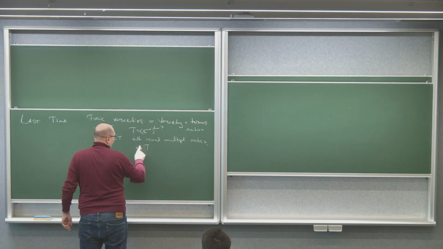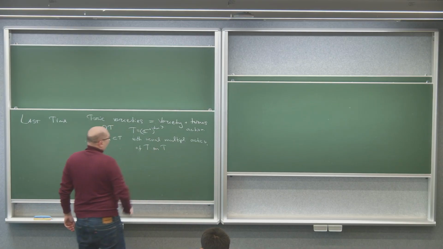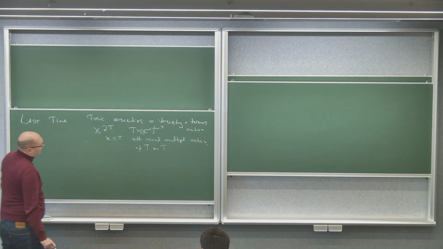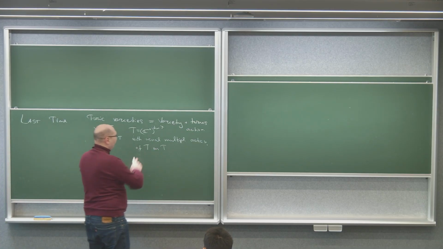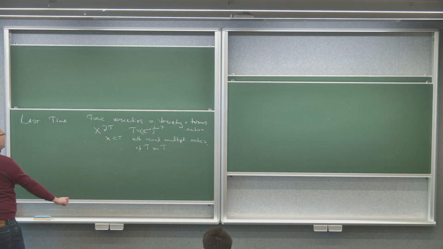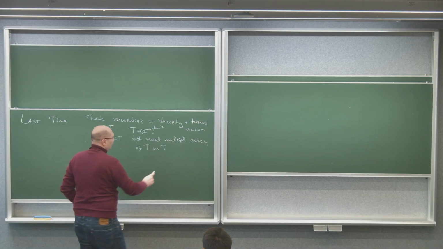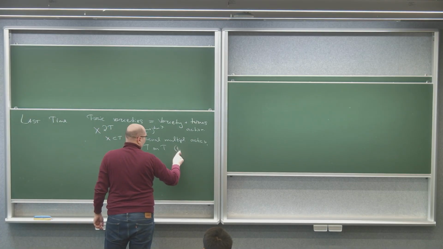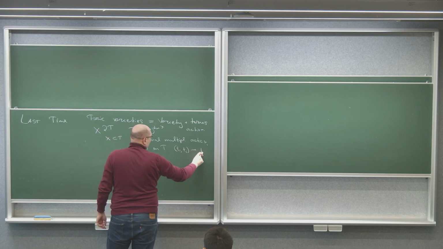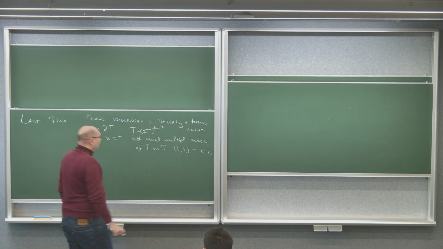The action of T on T. T is a group, so we can turn this group operation into an action of the torus on itself: T1, T2 goes to T1 times T2.